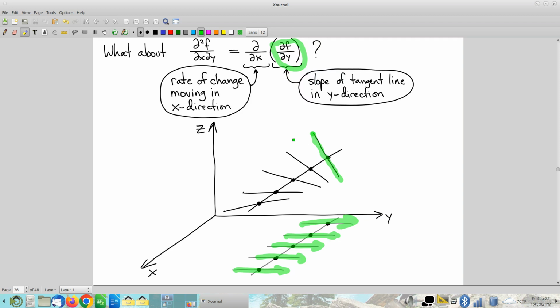Each one of these is at a different point, still all going in the y direction, but at a different point, each of them. And so I get different tangent lines. And let's suppose that these tangent lines look like what I have drawn here.